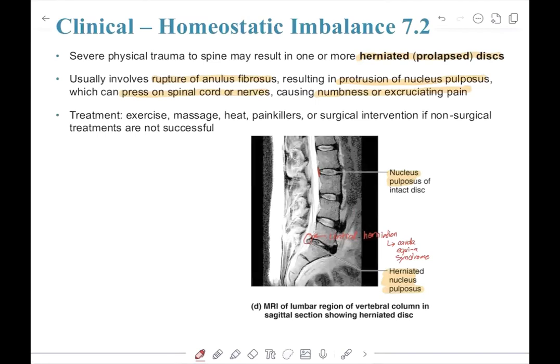Usually, with the exception of cauda equina syndrome, it's treated with things like exercise, massage, heat, painkillers, or in the worst case scenario, surgical intervention as the last step.